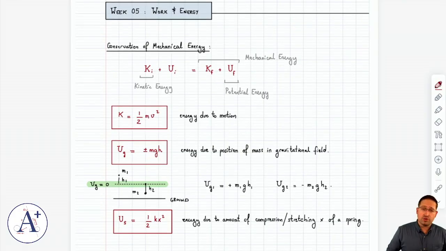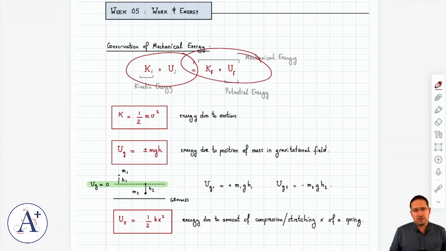Now, under certain circumstances that we're going to talk about right after this, you can simplify things to conservation of energy, meaning that you choose 2 points in the motion: kinetic plus potential at the initial point is equal to kinetic plus potential at the final point.